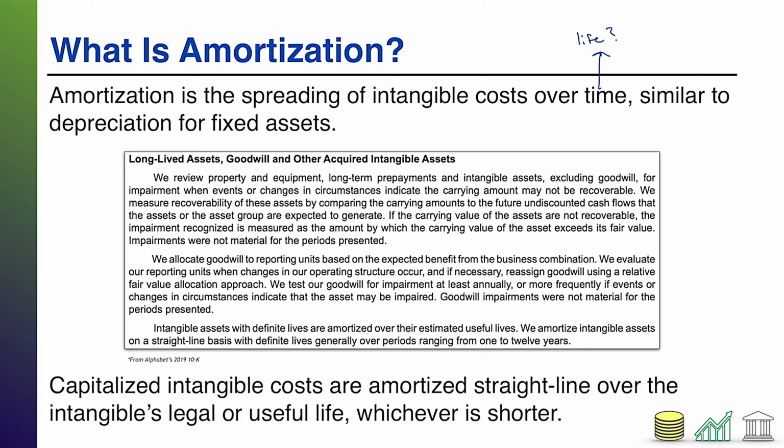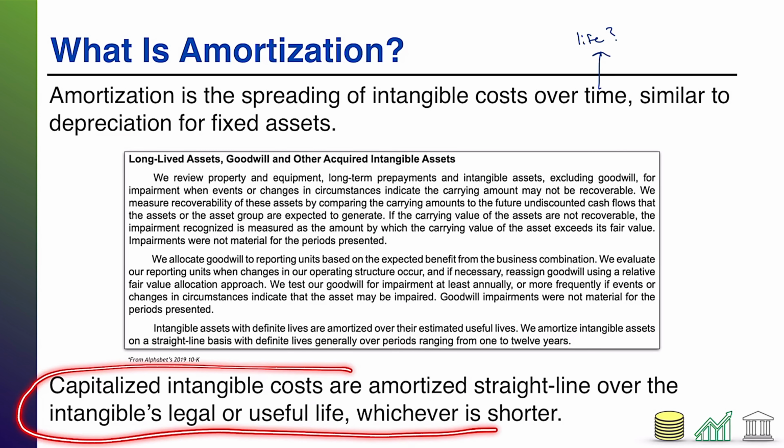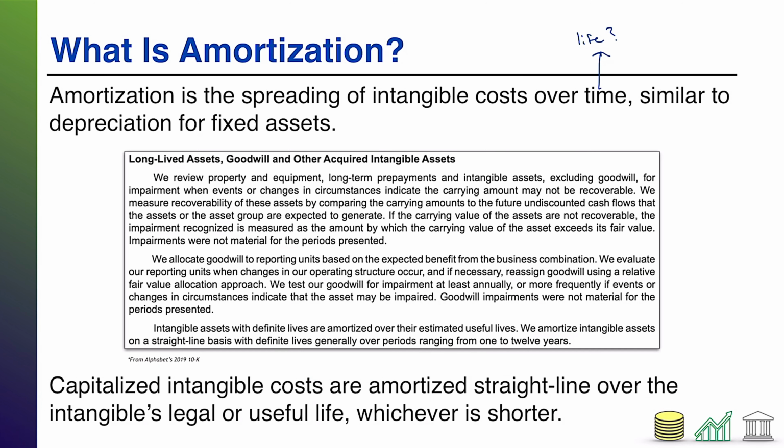And so when it comes to amortization, as I say down here, you have to amortize straight line over the shorter of the useful life or the legal life. And if you think about it from an accounting standpoint, that makes sense. Amortizing removes the value from the asset.